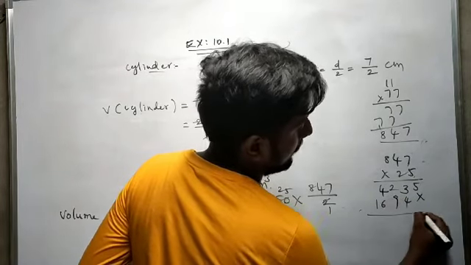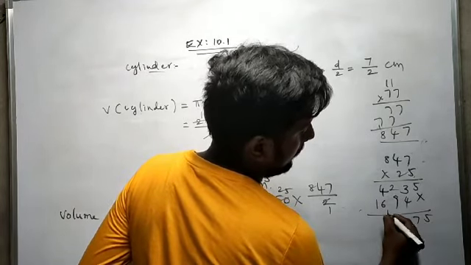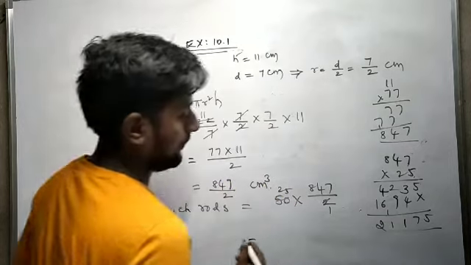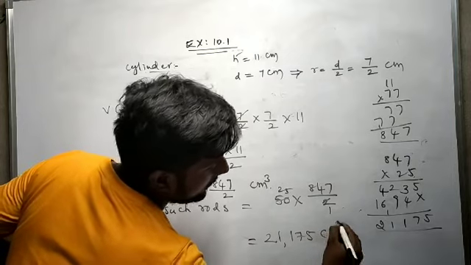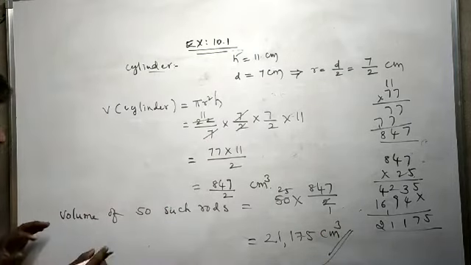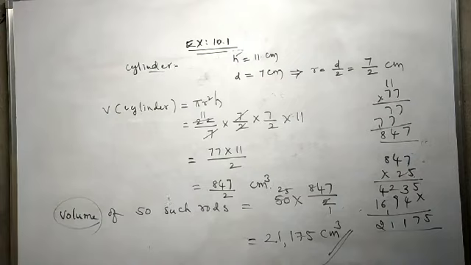It is 16. So simply I write 21,175 centimeter cube. Why should I write cube? Because it's a volume. So this is our required answer.